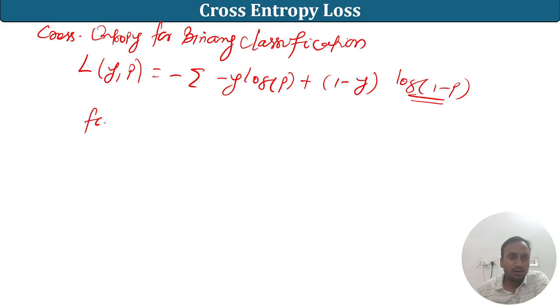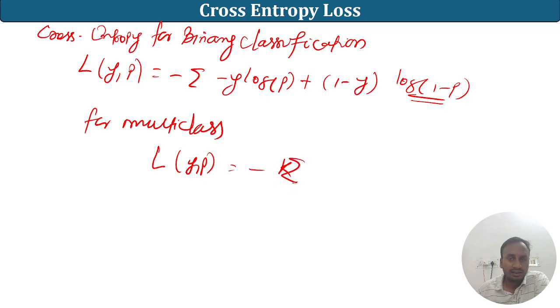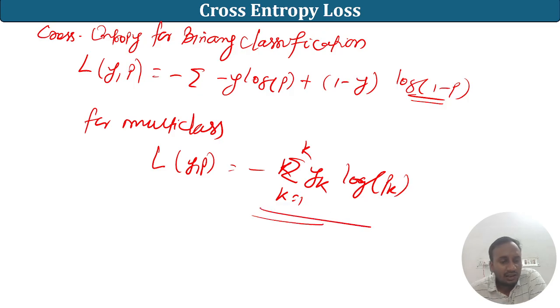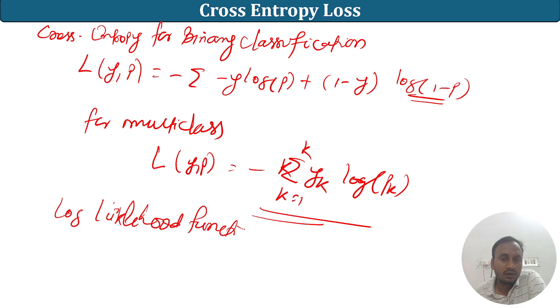And if we talk about the multiclass, L(y, p) is minus the summation of k equal to 1 to K of yk log pk. It's a similar way to what we had with the log likelihood function. If we remember the last class, we saw some small problems based on this also.